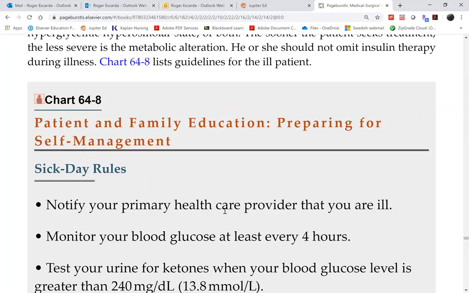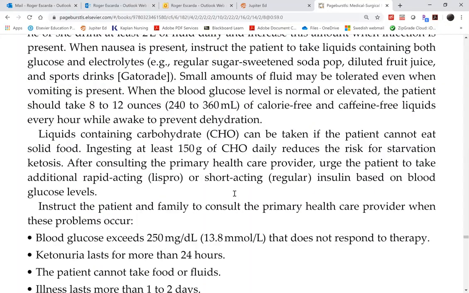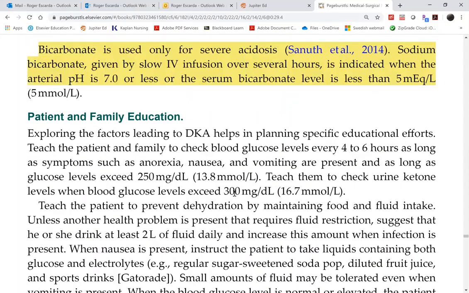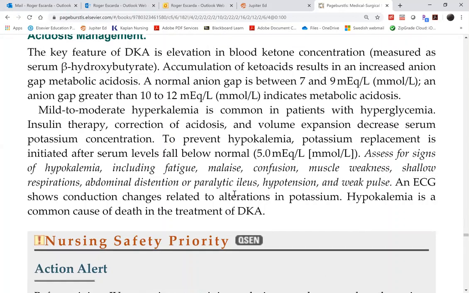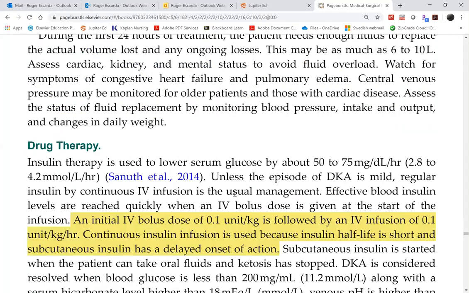So it's important that patients know that in times of starvation or in illness specifically, it will cause our blood glucose to rise. You'll see this again when we go to sepsis later in chapter 37. You'll see that a patient with sepsis actually develops hyperglycemia because of the amount of stress and sympathetic nervous system stimulation.